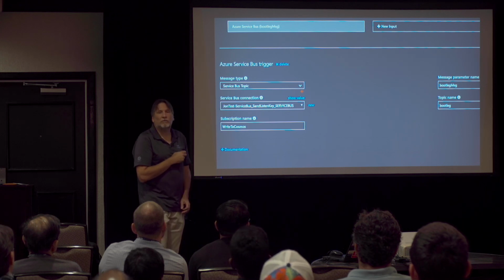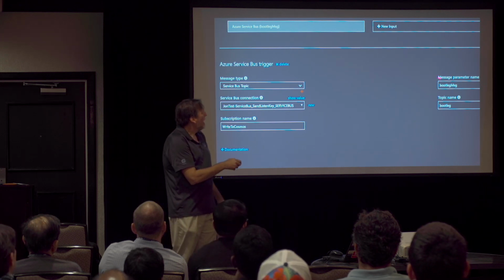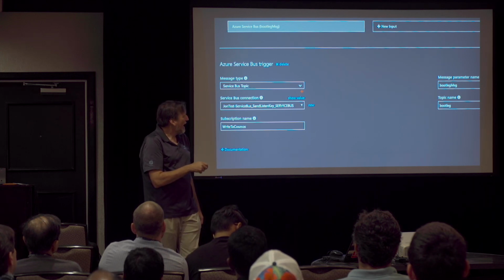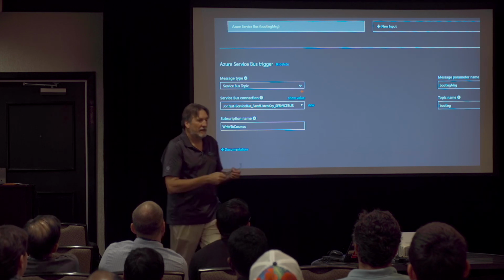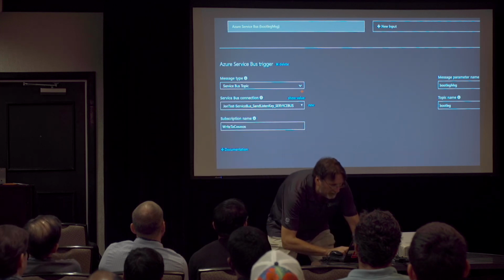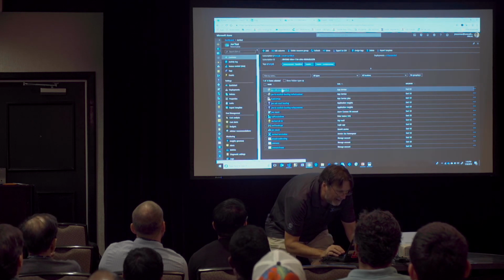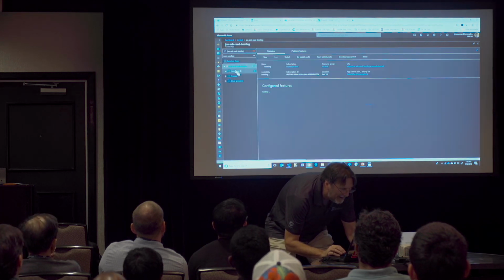It's subscribing to write to Cosmos. It's going to create a message called bootleg message and read it from a topic named bootleg. And of course, I picked the wrong one. And I know that.